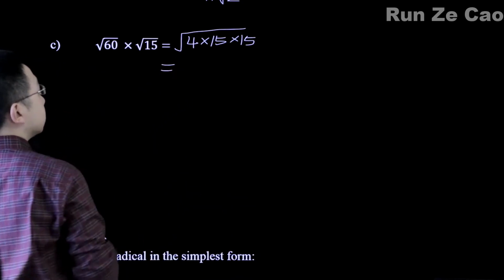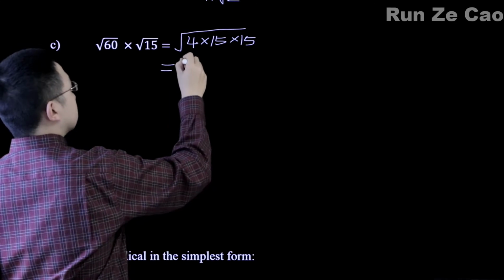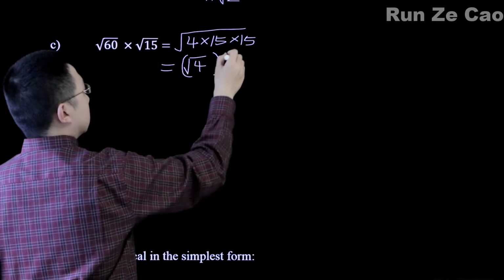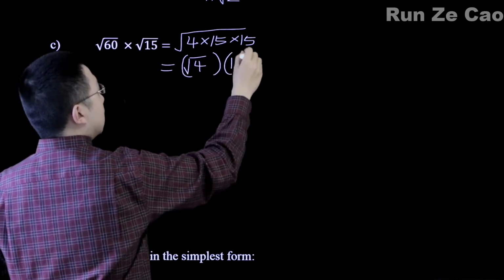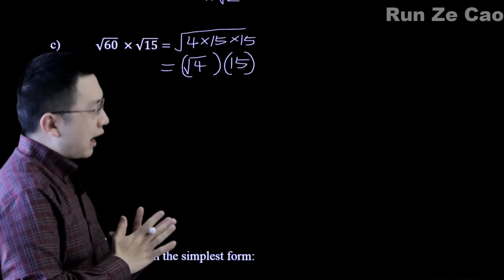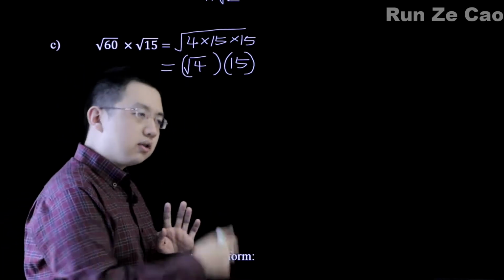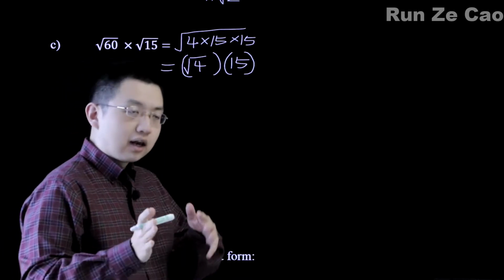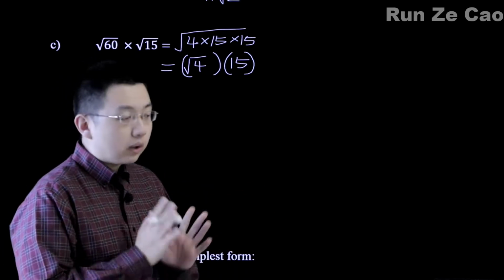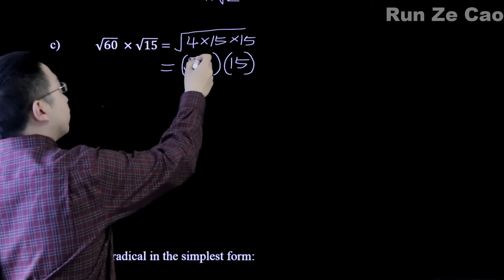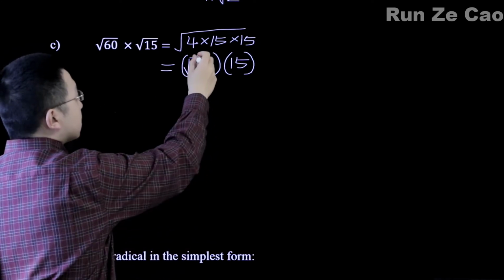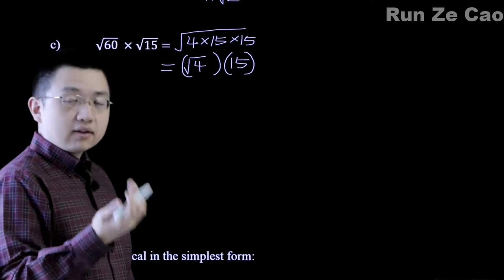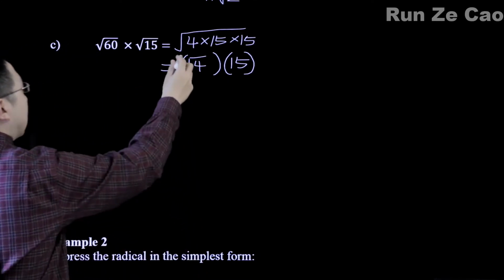So, square root 4 times 15 times 15. Why is it that some people like to use brackets for multiplication instead of just using the old multiplication symbol we learned back in elementary school? Well, it's because when you have radicals and your radical is just a little bit too long and you put a multiply symbol, it's easy to mess up. That's why a lot of people like using brackets.